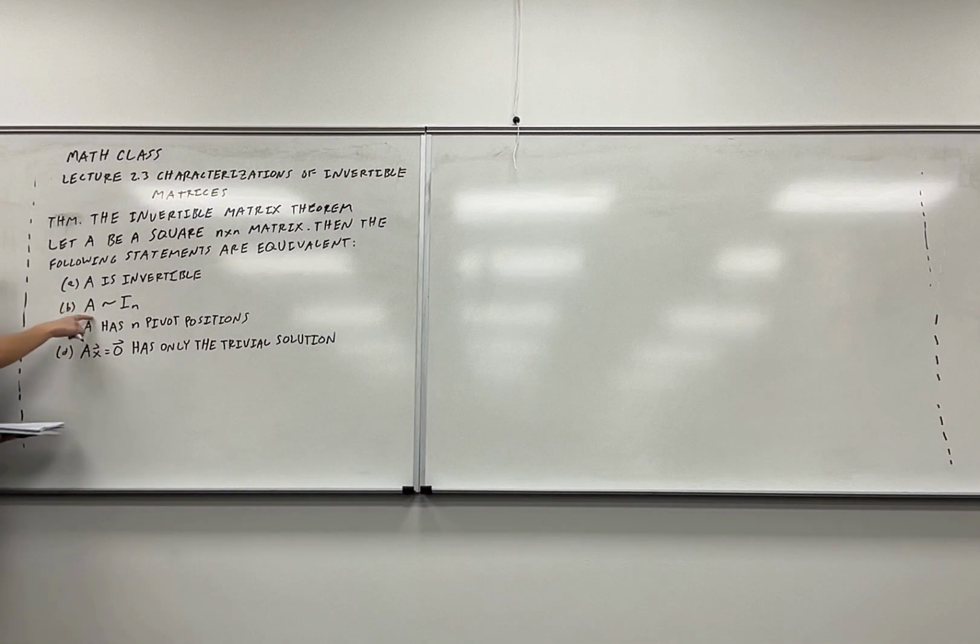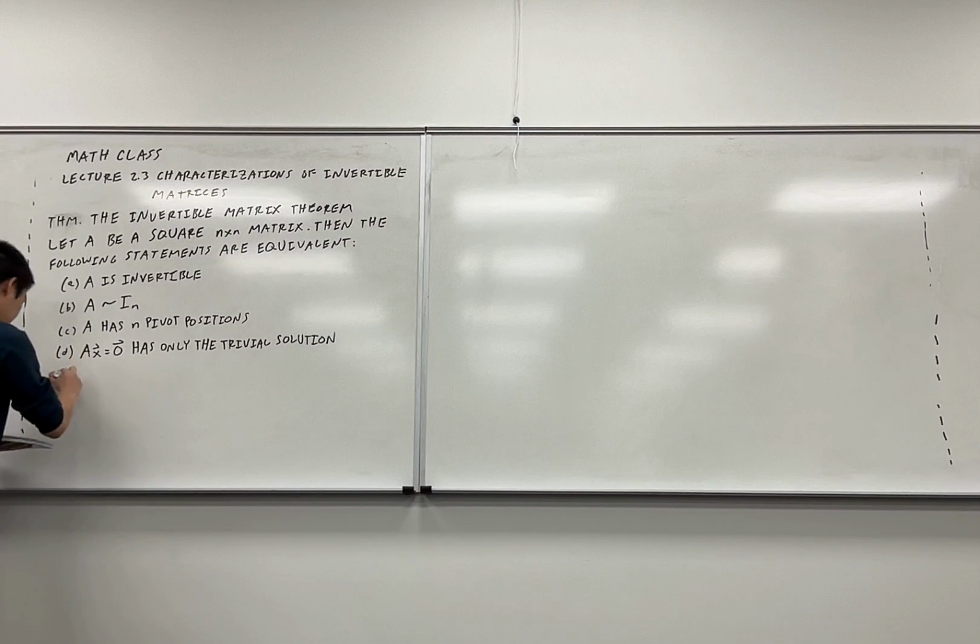Well, if we're row equivalent again to an identity, that means we have a pivot for every single thing, guaranteeing the existence of a pivot position means you're never going to run into the circumstance where you clear out an entire row with zeros. Because when we did clear out an entire row of zeros, that meant free variables, and free variables meant that you could have more than just the trivial solution. But if I'm basically definitionally clamping down that no, I'm never going to have a free variable. No free variables, okay? So then you're stuck with the trivial solution.